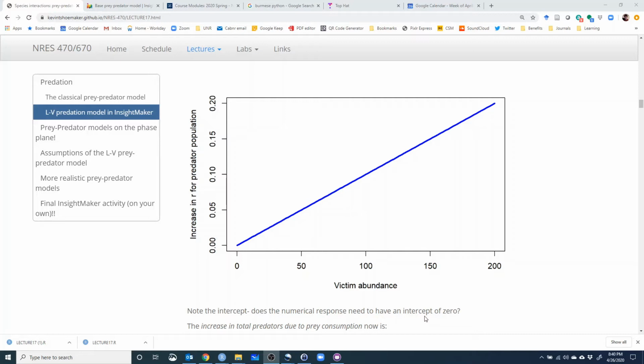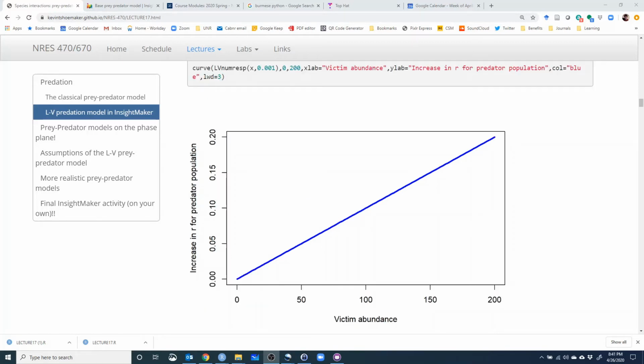That's the numerical response: essentially the conversion of all the eating that's going on, all the prey, the victims that are consumed, into new predators using the per capita rate of growth for the predator population.